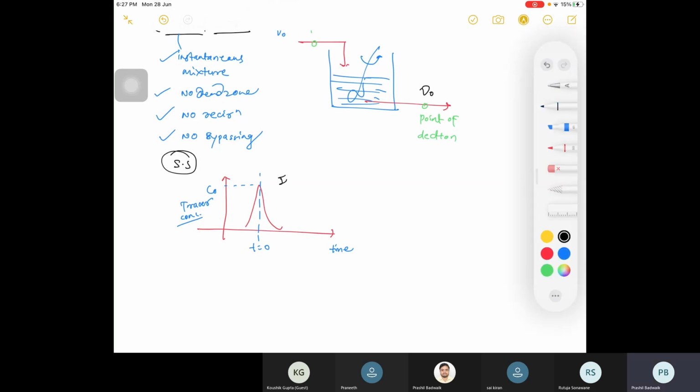Will it be the same as the input profile? At time t is equal to 0, suddenly I am putting a pinch of your tracer. What will be your profile at exit? Do you like to guess?